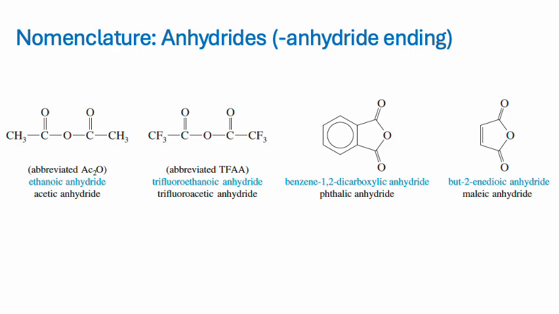Now, if we had carboxylic acids at the end, we'd call this but-2-enedioic acid, right? We only say the carboxylic part if it's hanging off the end of a ring, not if it were inside the ring like this. In this case, because it's an anhydride now, we call it but-2-enedioic anhydride.